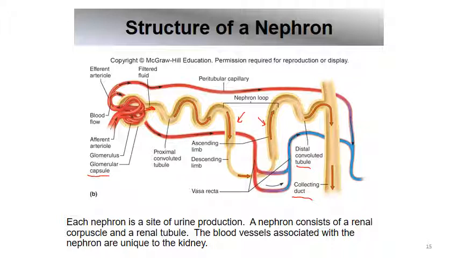And so now we're seeing how the capillaries are going around the nephrons. Peritubular capillaries are more going around the convoluted tubules. Vasa recta goes around more the nephron loop or the loop of Henle.